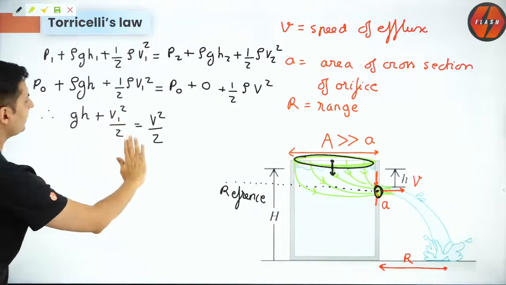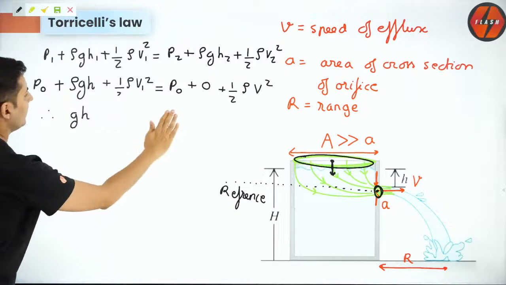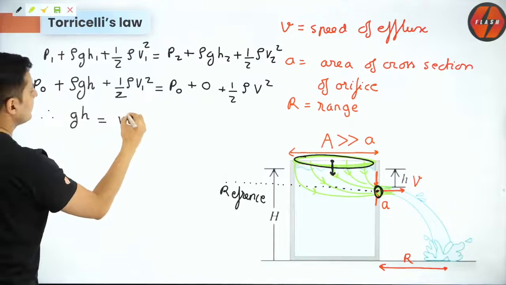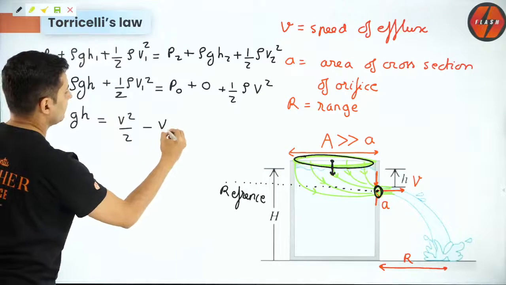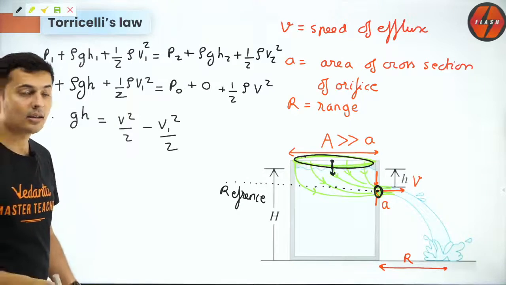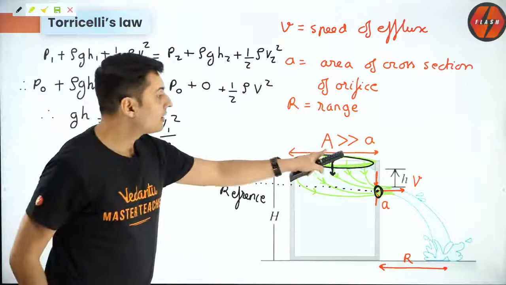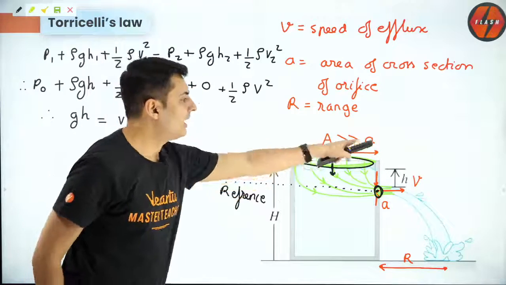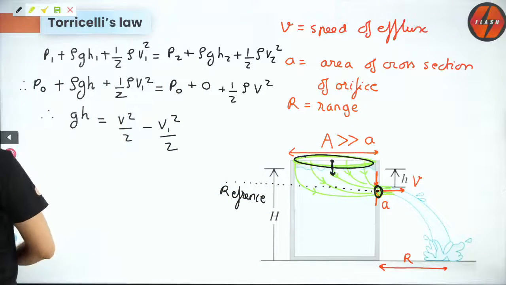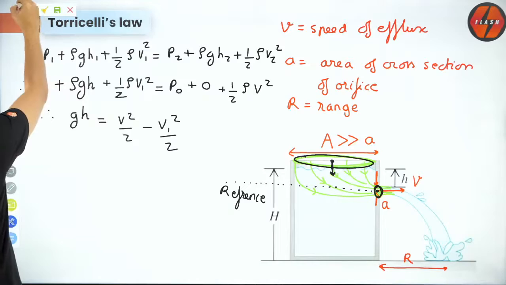But I can take this term on the other side and see what happens. So this will become V square by 2 minus V1 square by 2. Now here is the interesting part. Look at this assumption. This area is much larger than this area. So if that is true, you know what is going to happen? Think about it.